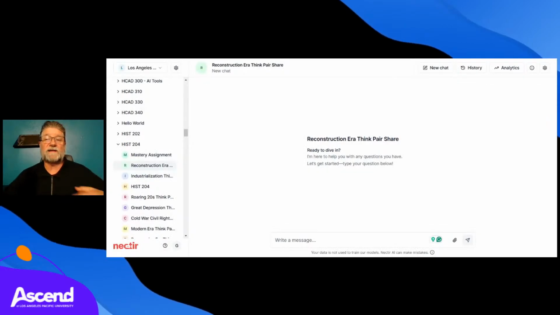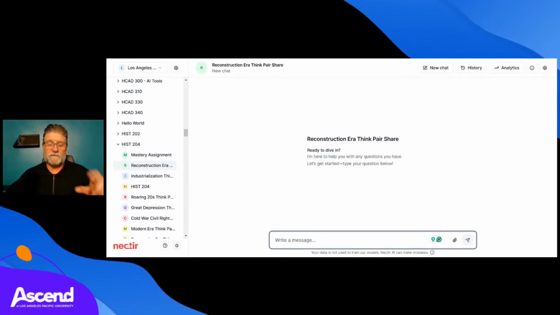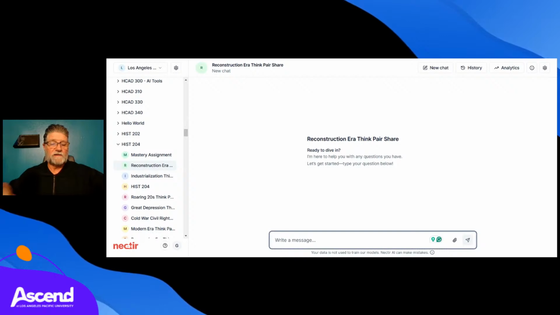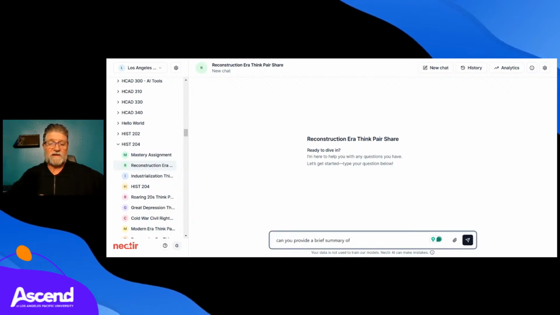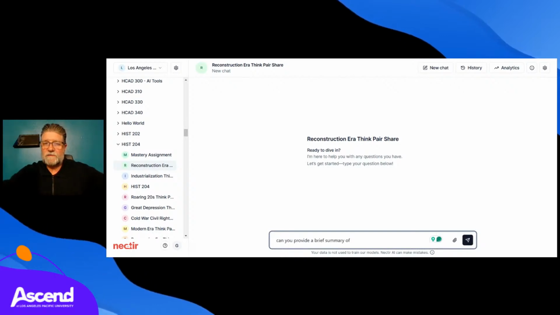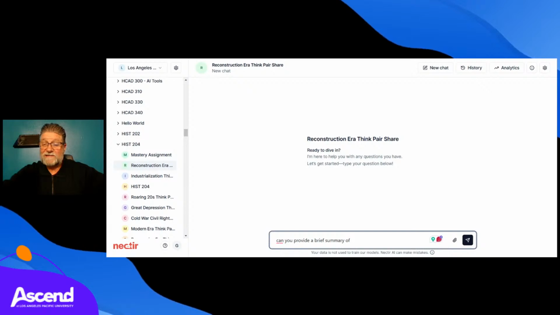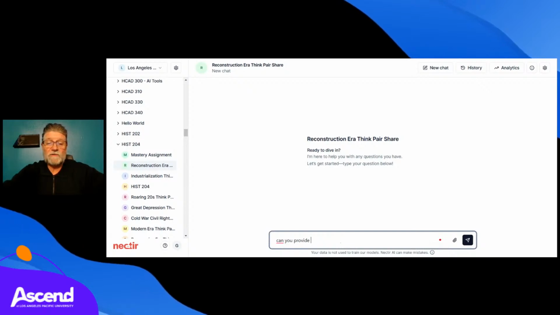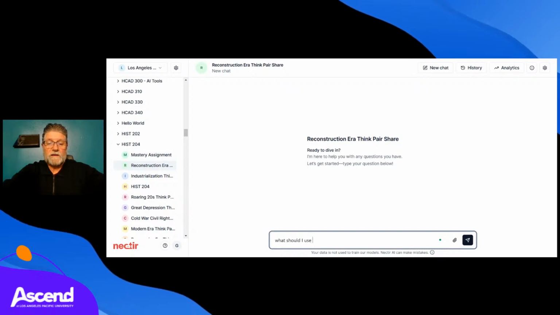And the neat part is, even if I don't have the primary source, let me add this to stage again, even if I don't have a primary source in mind, I can ask the AI assistant about it. So in this case, I believe it was Article 15, I'm going to ask what should I use as a primary artifact?